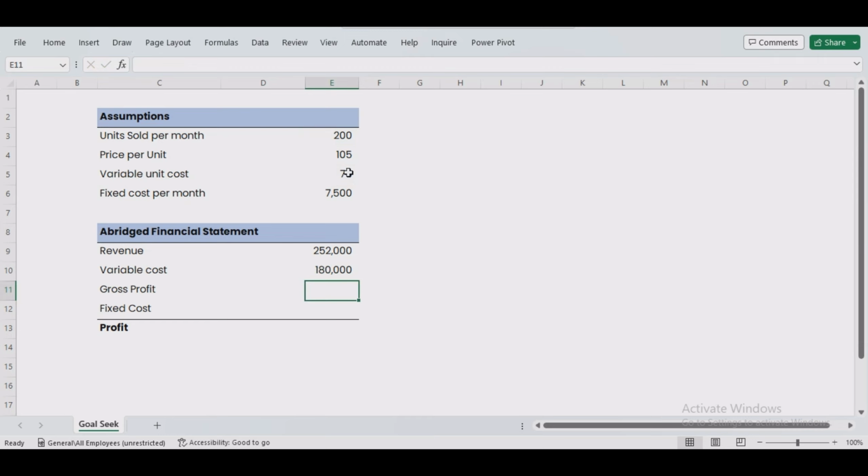Then the difference between the revenue that I generate from selling the chickens and the cost I incur to keep all those chickens, the variable cost, you subtract from the total revenue. What we end up with is the gross profit. So what we have is 252 minus 180.